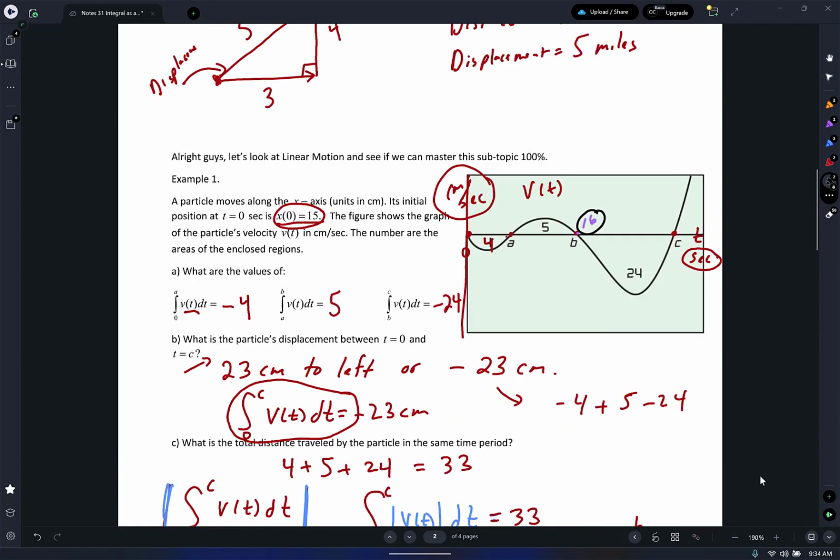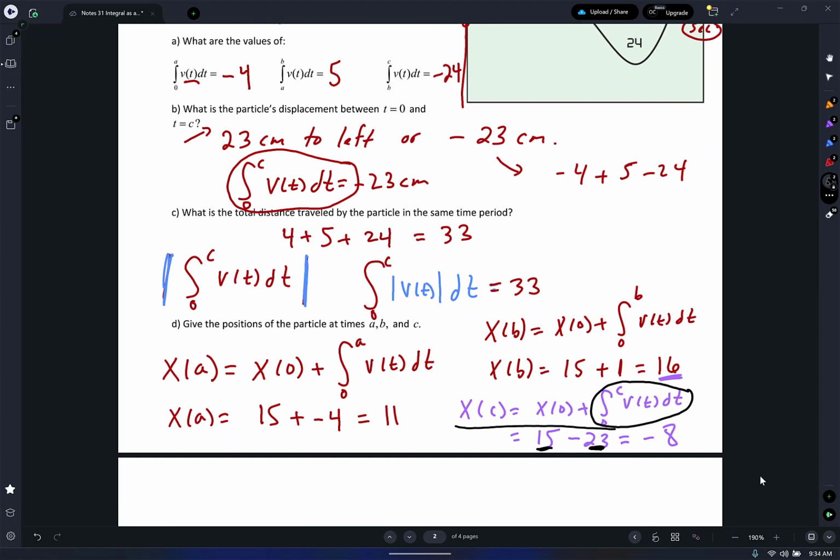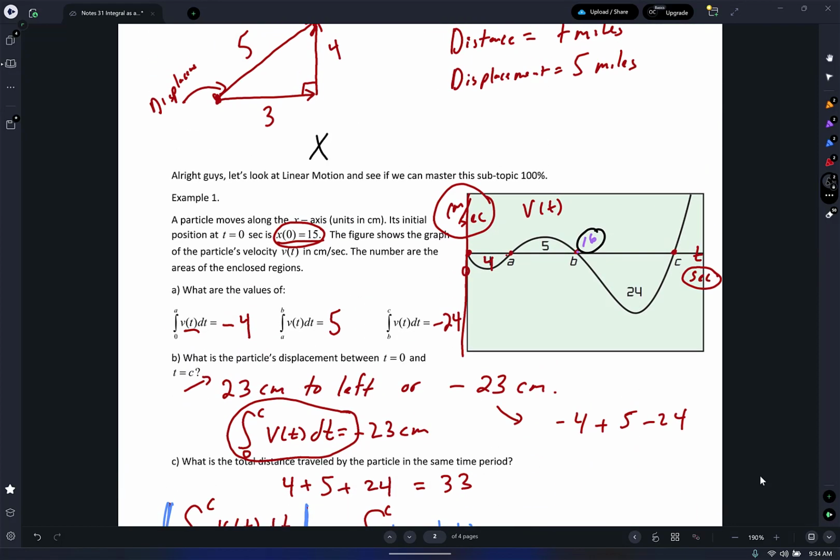Okay, I'll tell you what. Okay, you see how I wrote this expression here? I want you to notice something. I'm going to write it over here. X of c equals x of 0 plus integral 0 to c of v of t dt. So what's the antiderivative of velocity? Position.